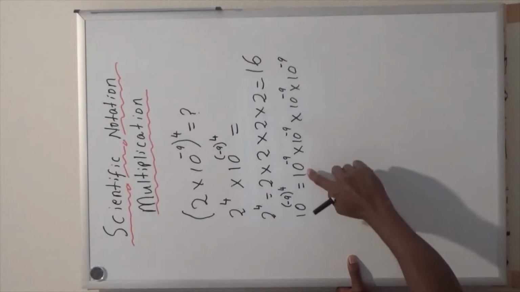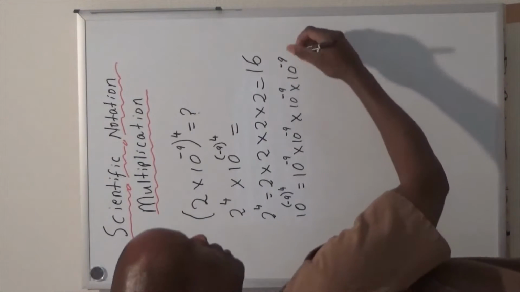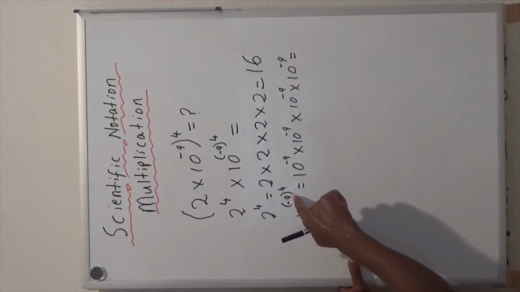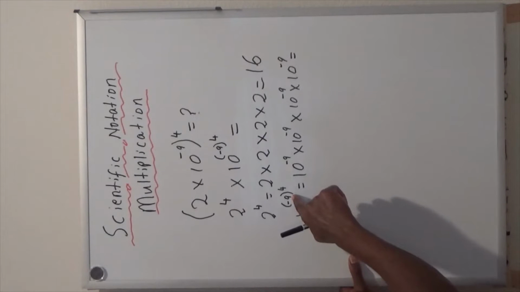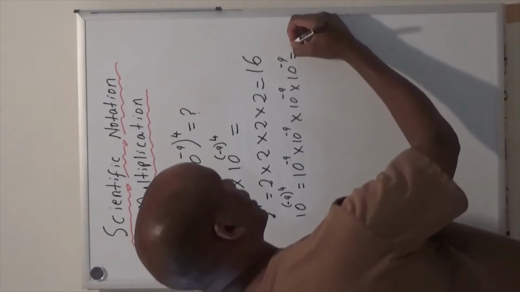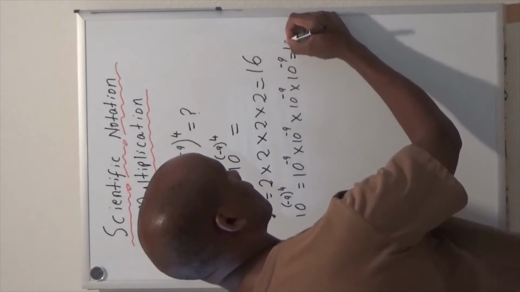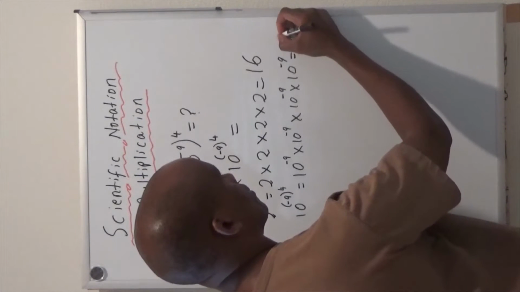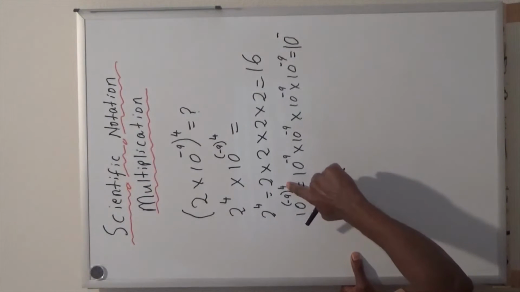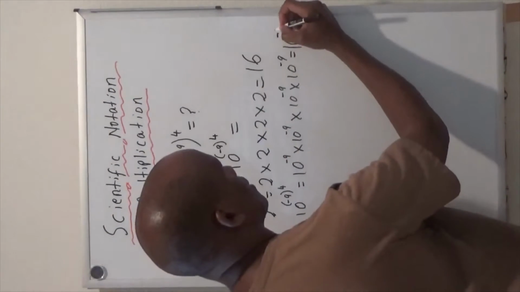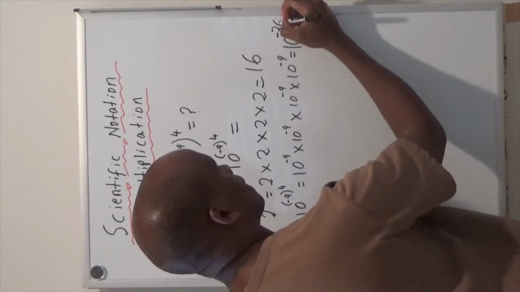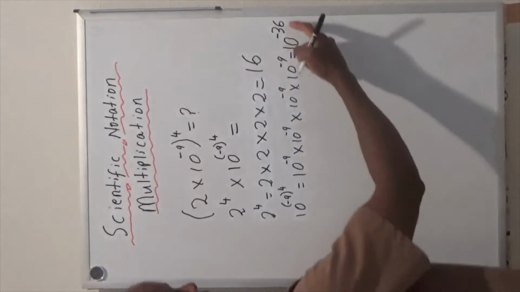It's the same. Therefore, 1, 2, 3, 4. So this will be the same as 9 times 4. So this will be 10 to the power of minus, 9 times 4 is 36. That's how it will be.